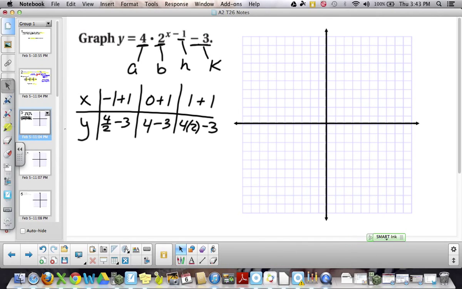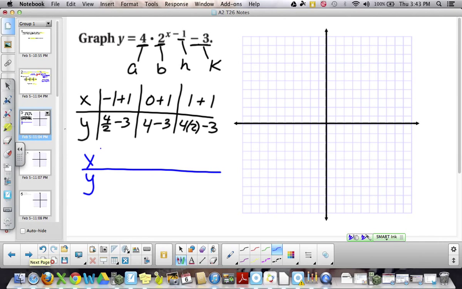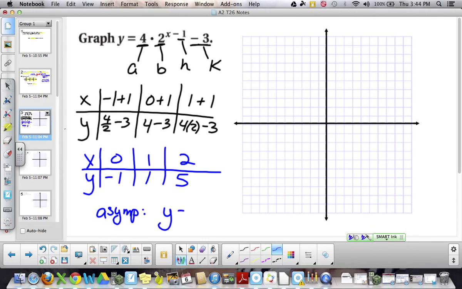If we simplify those, our x's are now 0, 1, and 2, and the y coordinates are 2 minus 3, so that's negative 1, 4 minus 3 is 1, and 8 minus 3 is 5. So those are the points I'm going to plot, and my asymptote, the other thing I need here, is going to be the horizontal line y equals k, which is negative 3.